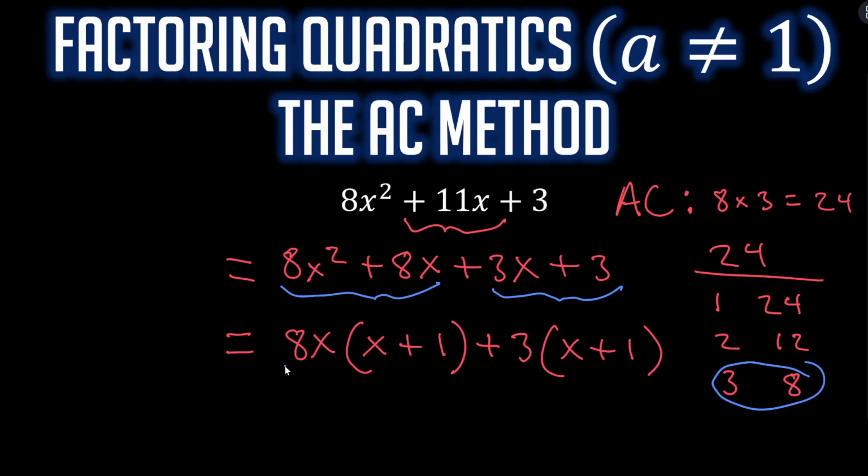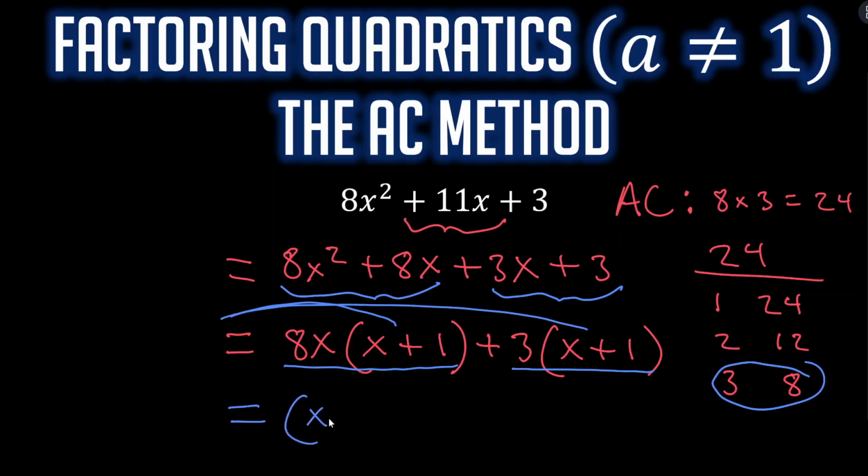For example, if this is a term and this is a term, then they share a factor of x plus 1 in common, and we can take that out to the front. So that x plus 1 can come out front. And what we have left is an 8x in the first term and a 3 in the second term. And this turns out to be the factored form of 8x squared plus 11x plus 3.